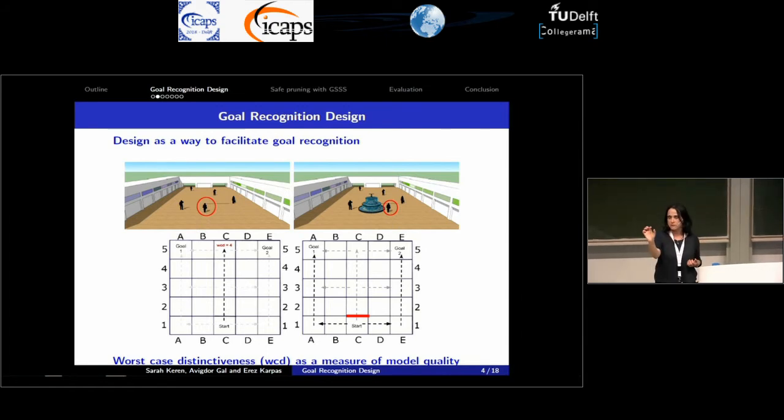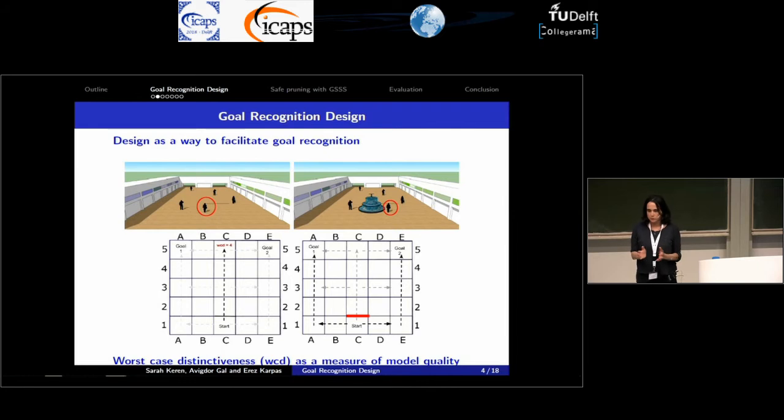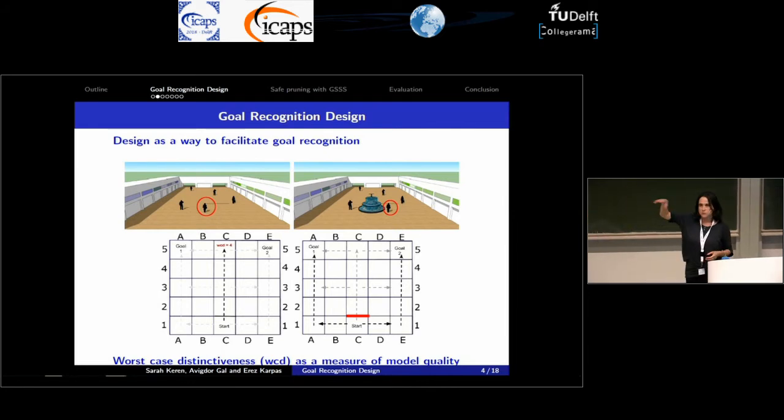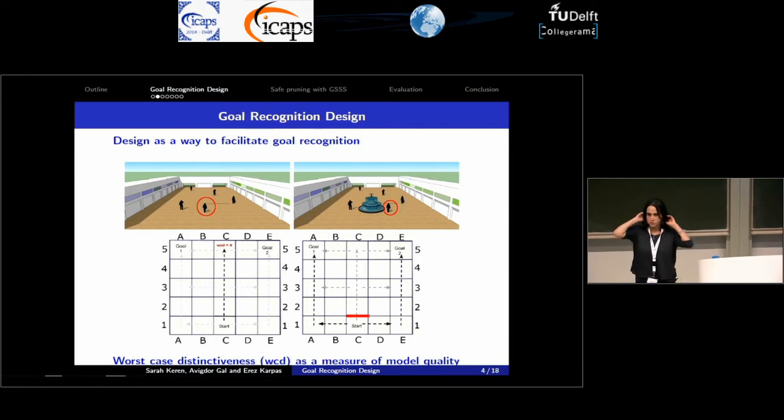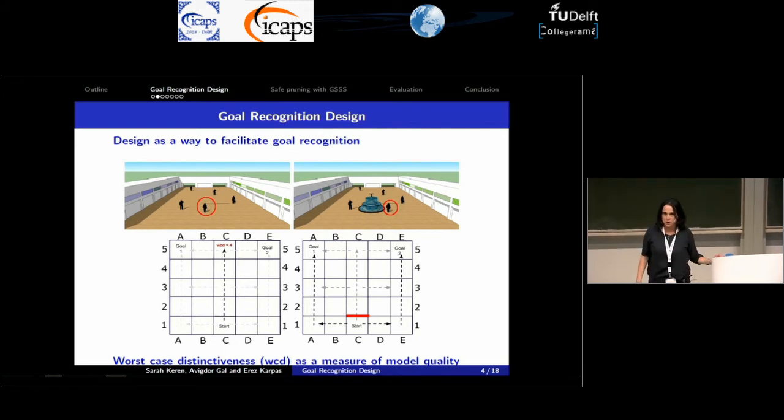The worst case distinctiveness would be harder to compute because the set of possible plans is increased, but the overall search is not affected. The overall search and the benefits of using generalized strong stubborn sets remain the same.